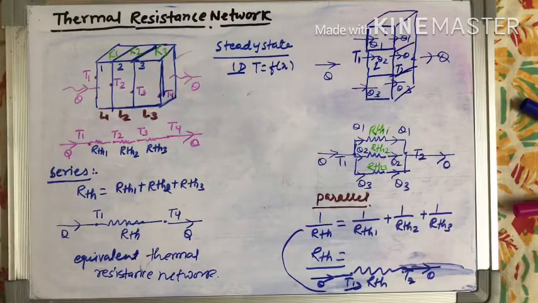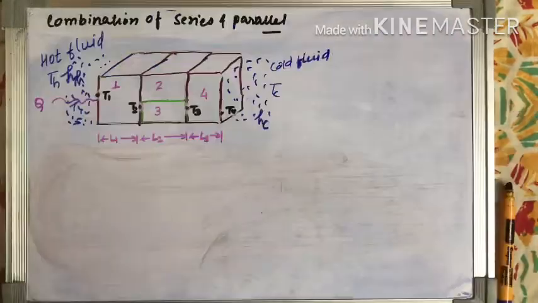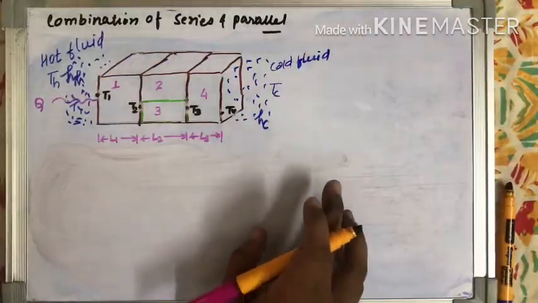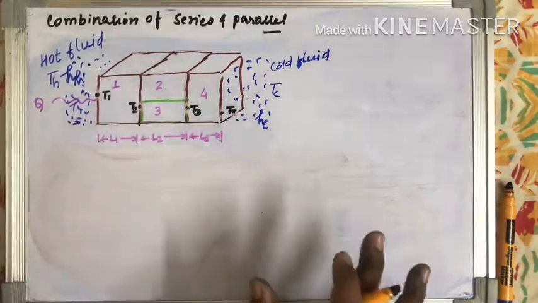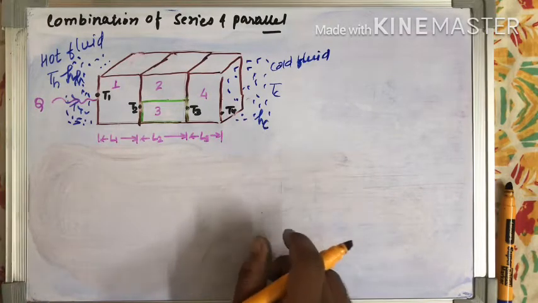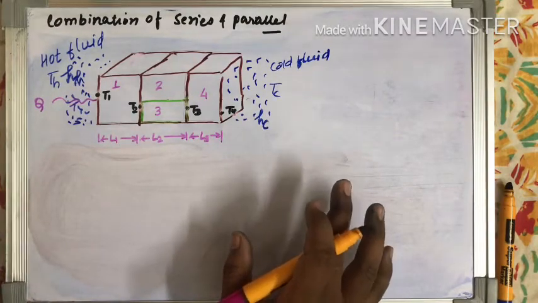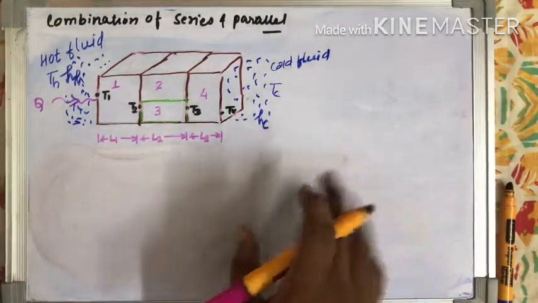Now we are going to look at some problems in which the thermal resistance network is arranged in series and parallel. Combination of thermal resistances in series and parallel. I have taken a slightly complicated example in which all kinds of doubts will be cleared.